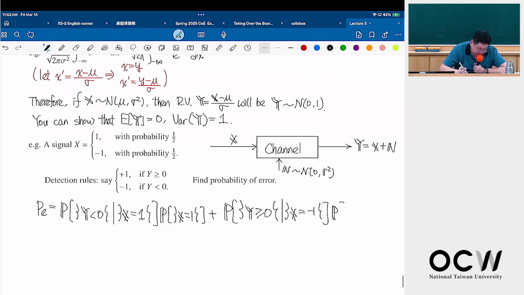So I also need to know the probability that -1 is sent.